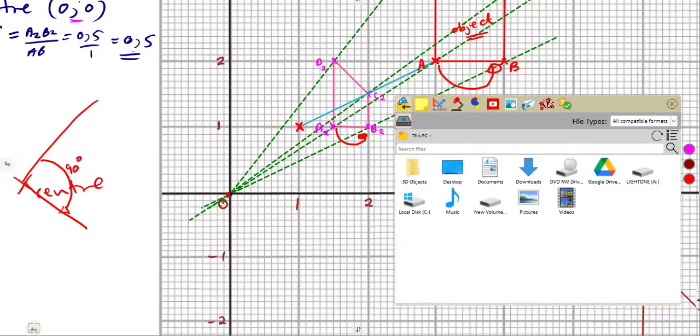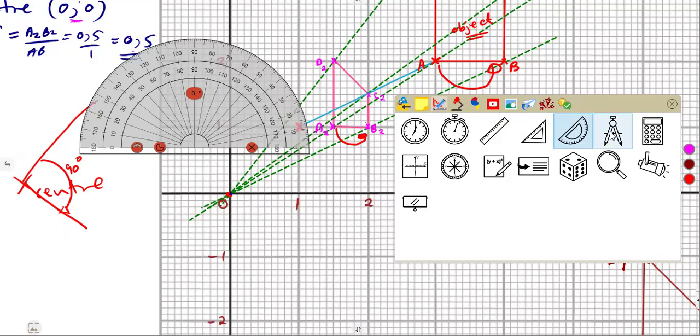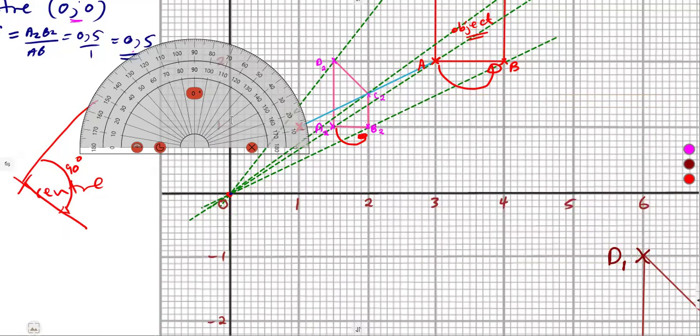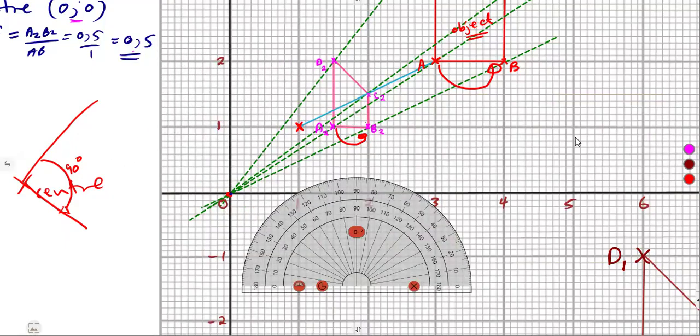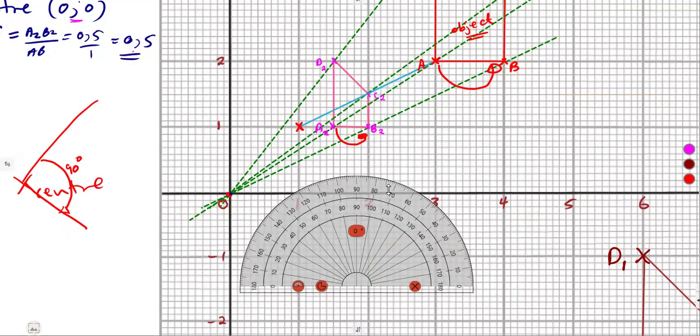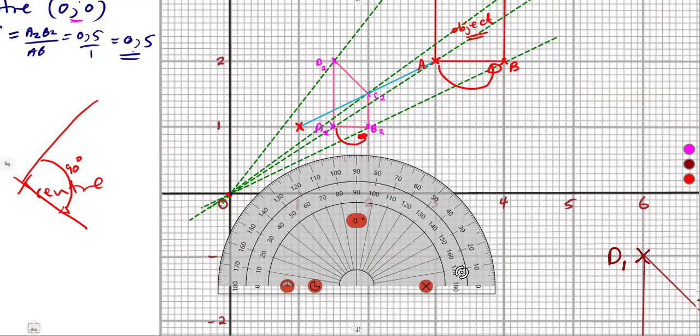Let me quickly do this one. This is the line we need, from A to the center. This is the line we are focusing on. Let us place our protractor along that line and see where the 90 degrees is.